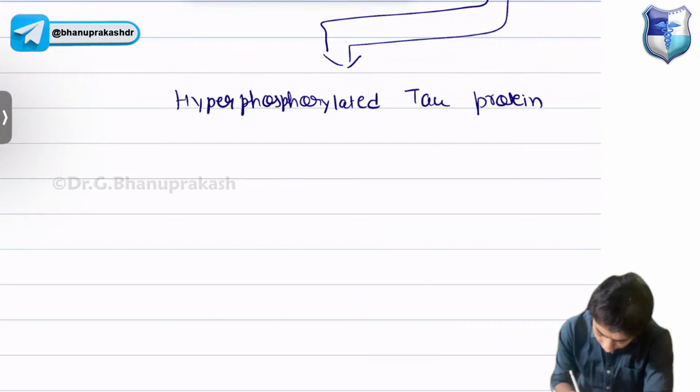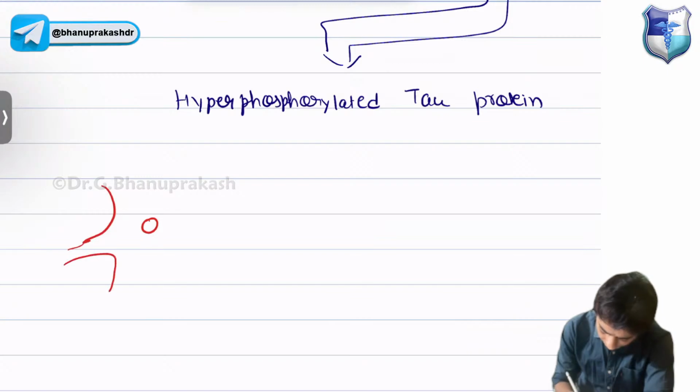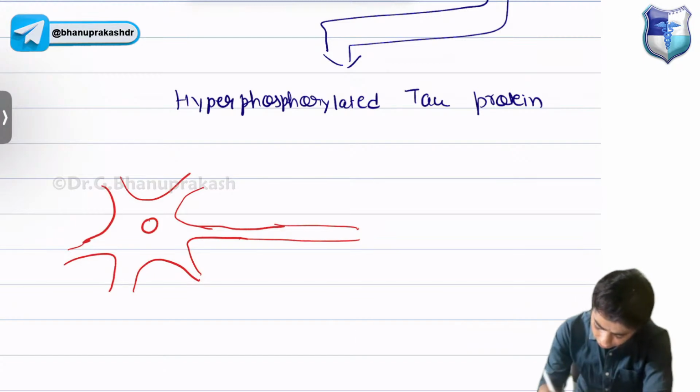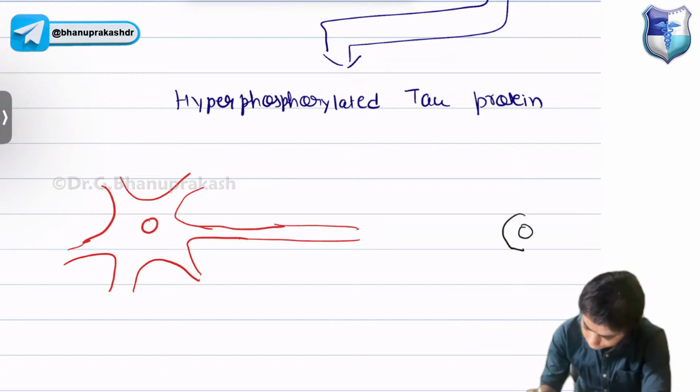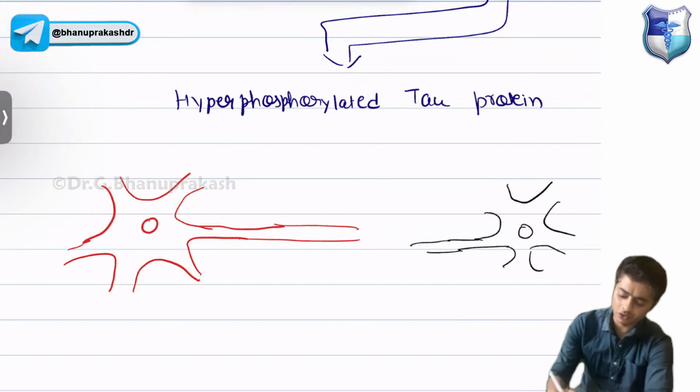Suppose this is the cell body of a neuron, and suppose this is another neuron.